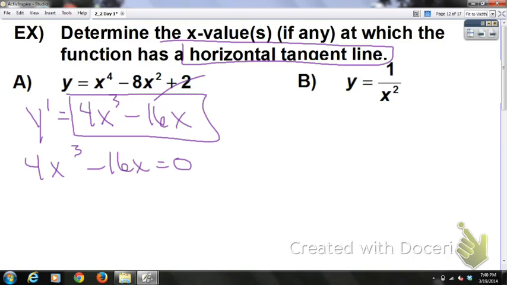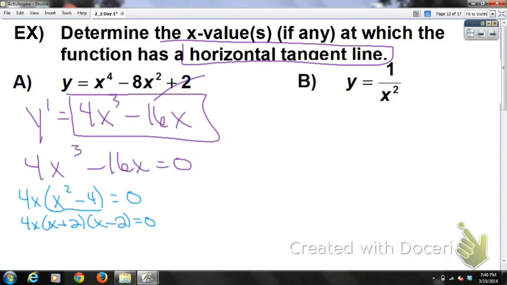Now we're back into some good old-fashioned algebra and factoring. In case you forgot, I have that famous saying, when in doubt, factor out. So let's pull out a 4x. We are then left with x squared minus 4 equals 0. Now a difference of squares, so 4x times (x plus 2) times (x minus 2) equals 0.